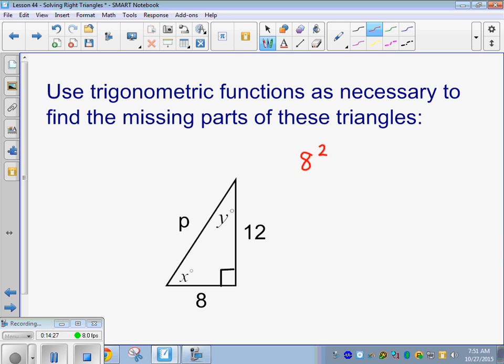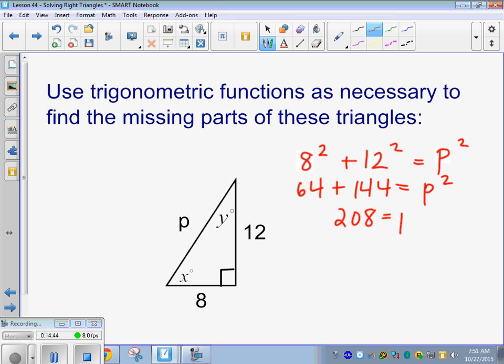So 8 squared plus 12 squared is equal to the hypotenuse squared. So I have 64 plus 144 is equal to P squared. And so that's 208. And then we're going to square root it. Okay, and we should always simplify the radical.